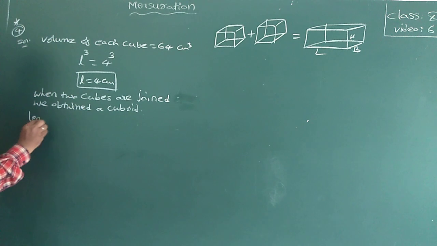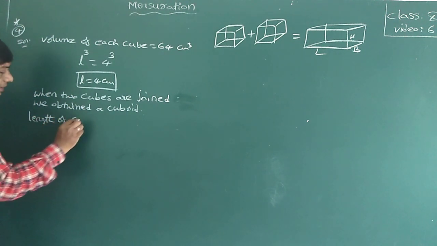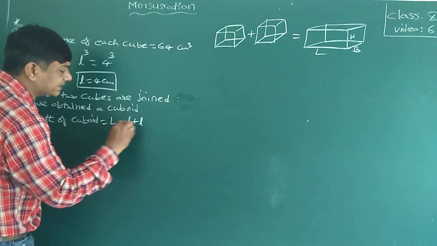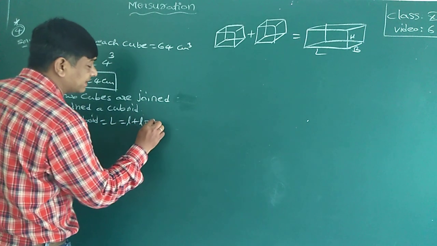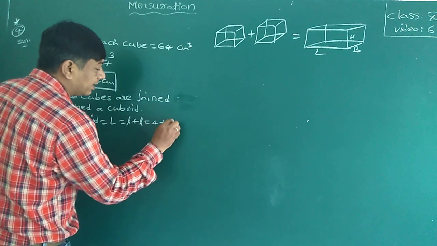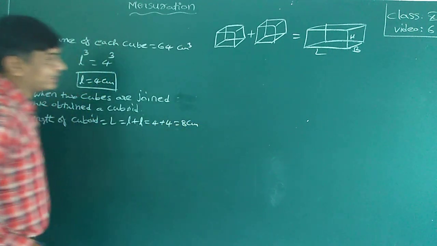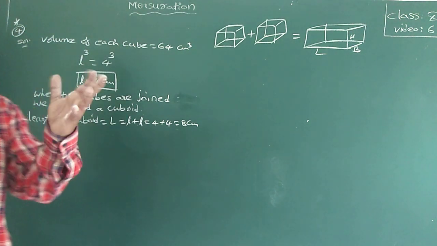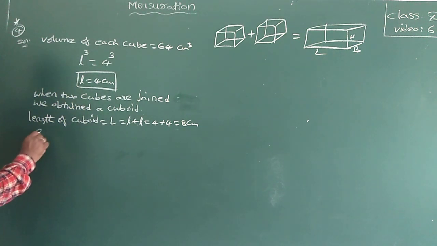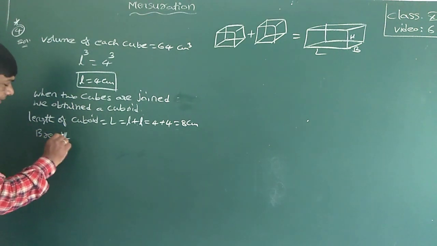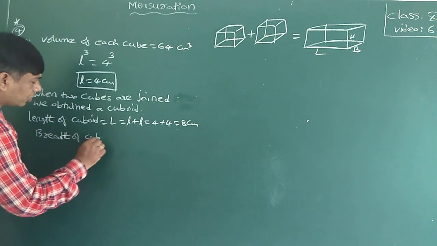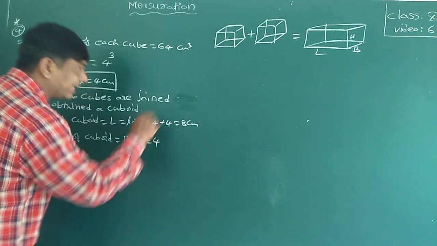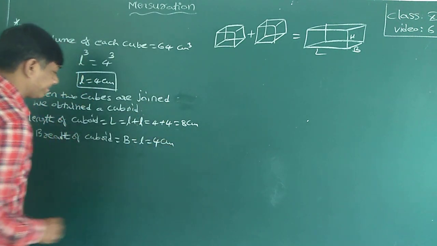Now length of the cuboid, capital L, is equal to small l plus l. 4 plus 4 is equal to 8 centimeters. Just now I showed that with the example of two cubes. Now breadth of the cuboid, B, is equal to the same length only, 4 centimeters.